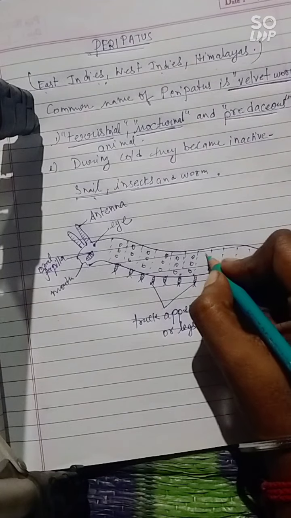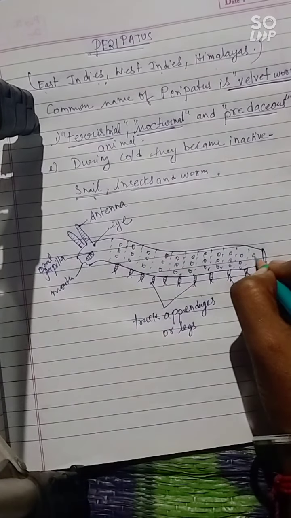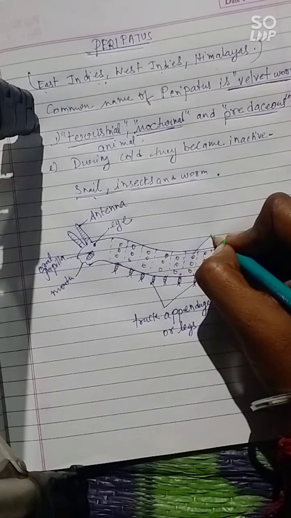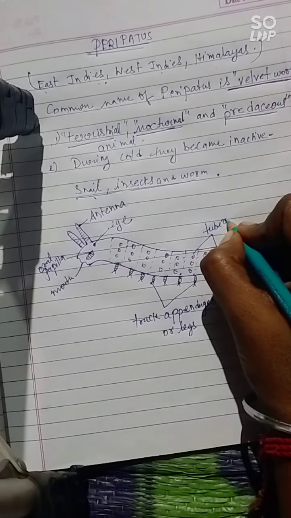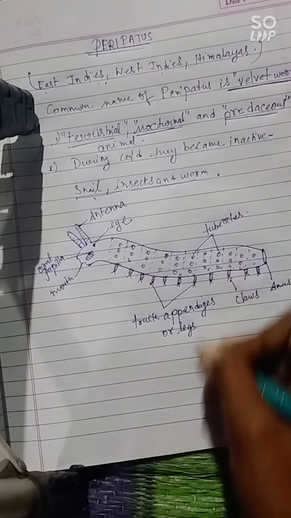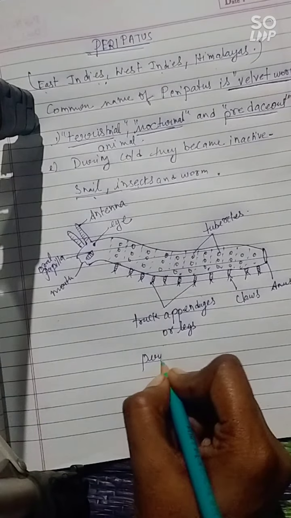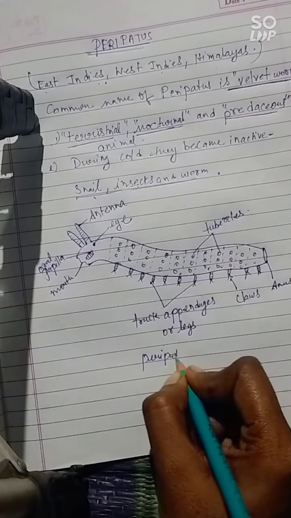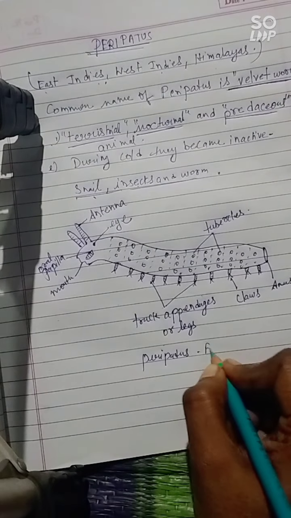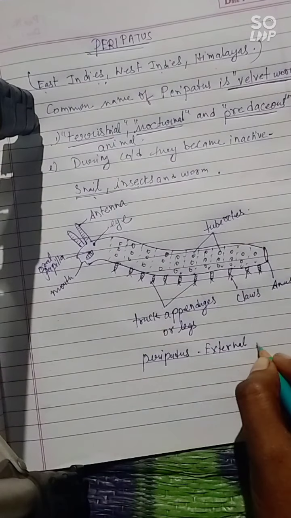These are some tubercles. So this is the diagram of the external features of Peripatus.